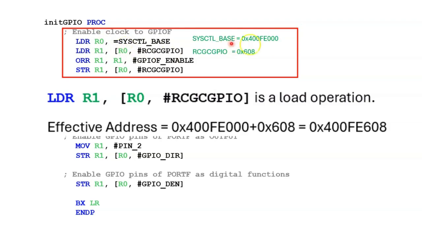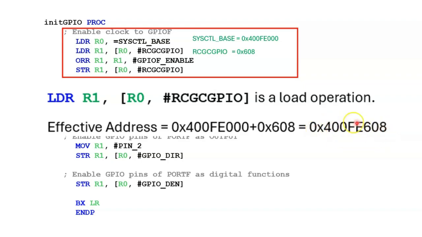So R0 will have this value, and RCGC GPIO has been assigned 608 hexa earlier. So this instruction will first work out the effective address. What that means is it will take this value and add this value to it, and the result is 400FE608.